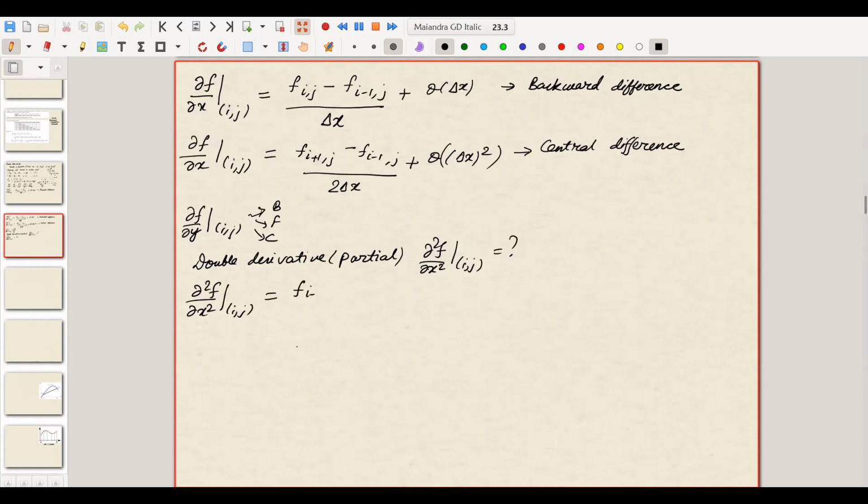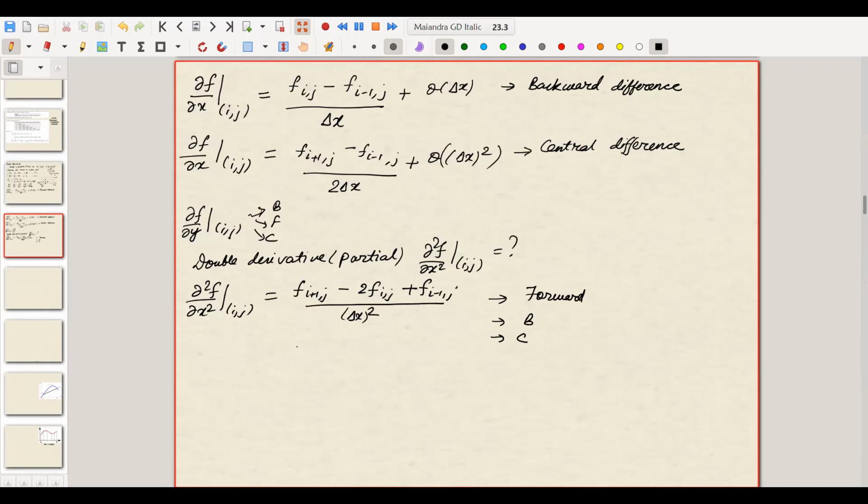So it will be f(i+1, j) minus 2f(i, j) plus f(i-1, j), by delta x squared, or you can write h squared. I am writing delta x so that you distinguish the x and y components. If you just write h, you might forget that it is only one variable. Okay. So this is the forward. Similarly, you can write the backward and the central also for this.